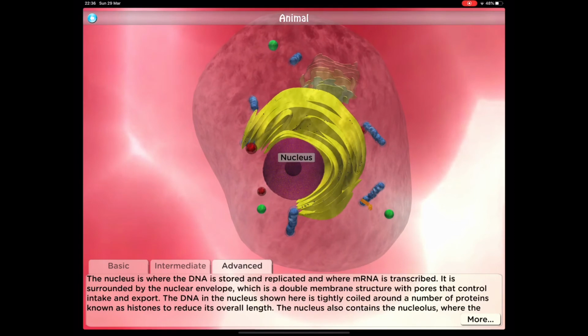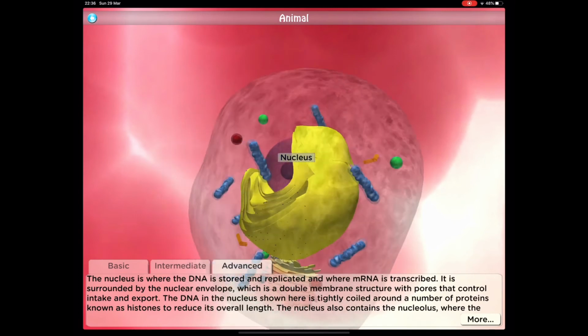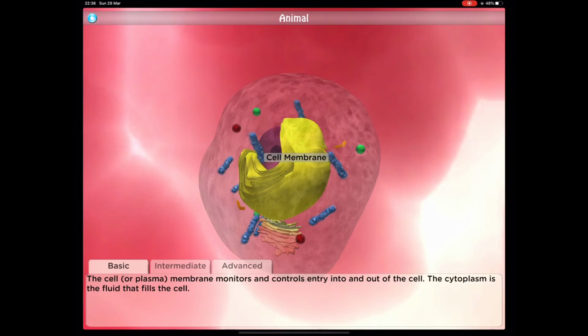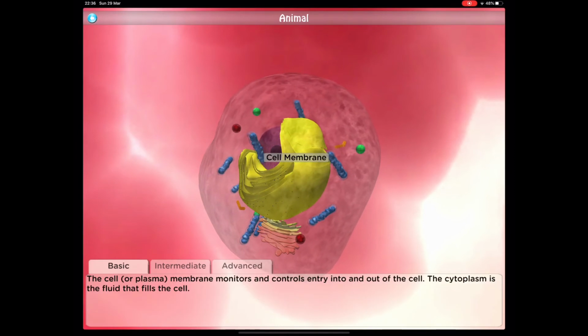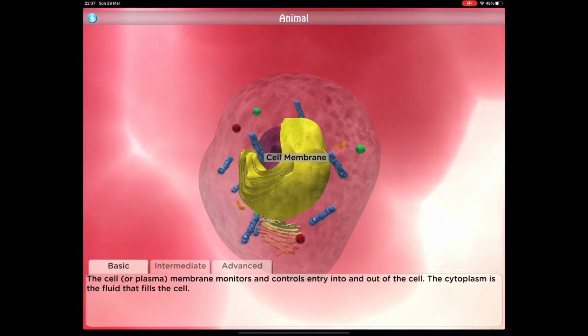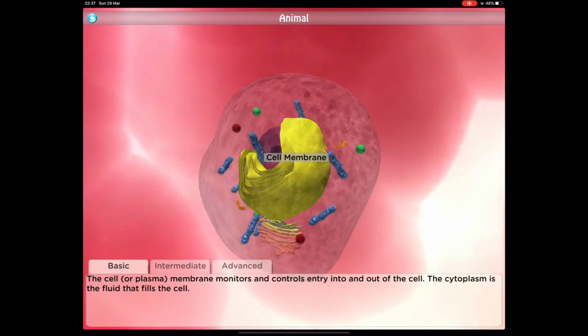Okay, now if we again go on to this diagram and let's look at the cell membrane. Now, the cell membrane, for now, what you need to be familiar with or what you need to be comfortable with regarding the cell membrane is that it controls entry into and out of the cell. Okay, so the cell membrane controls what goes into the cell and also what comes out of the cell.